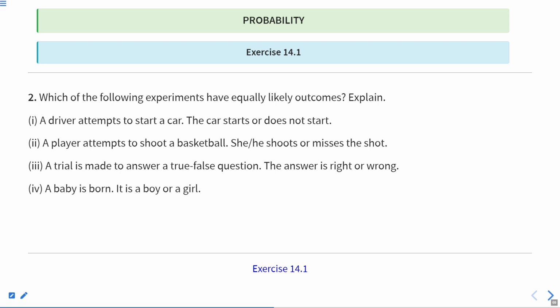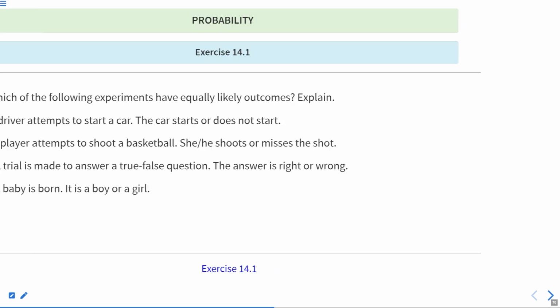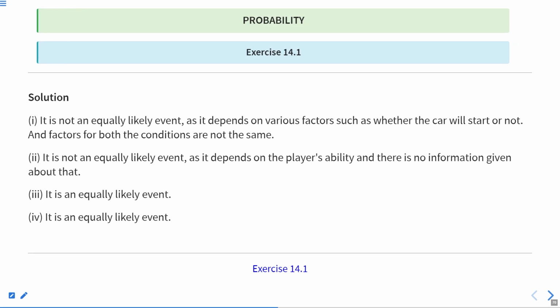In the first one, we have: a driver attempts to start a car. The car starts or does not start. Does this experiment have equally likely outcomes? Let's see. In the first one, it is not an equally likely event, as it depends on various factors such as whether the car will start or not.